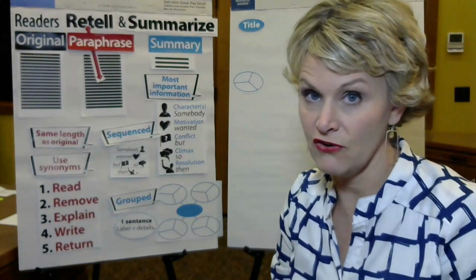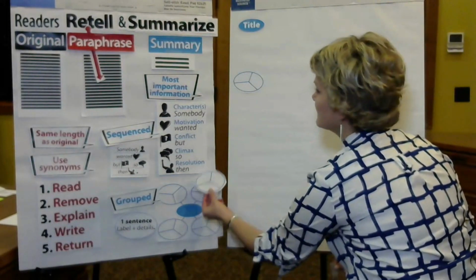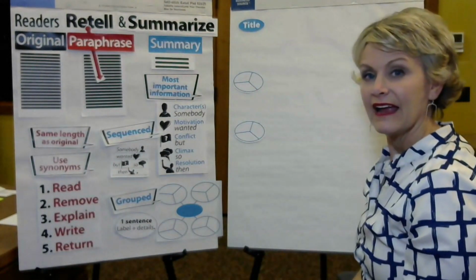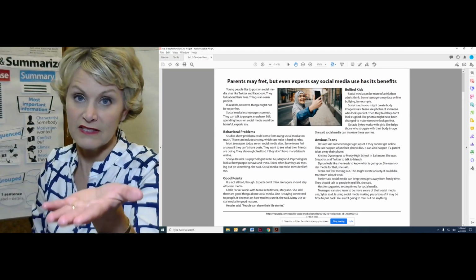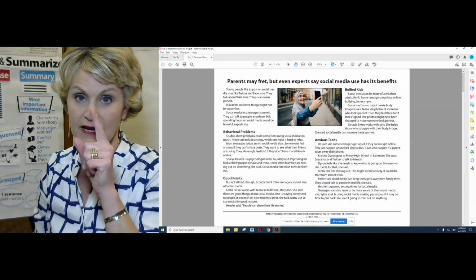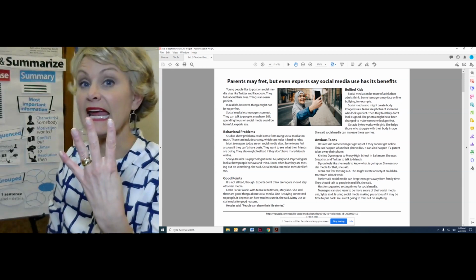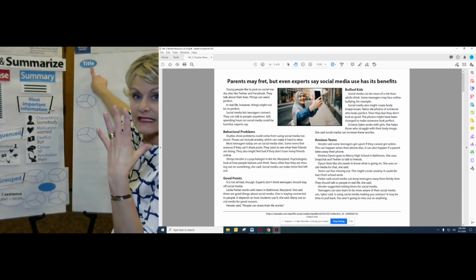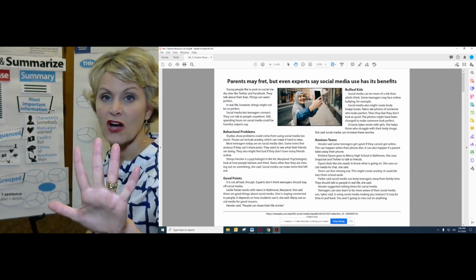And then the next oval is going to get a sentence. And if we have 4 subheads in this original article, and each subhead is an oval, and the title gets a sentence, our summary is going to be 5 sentences long.